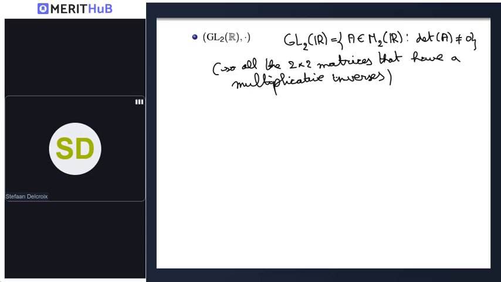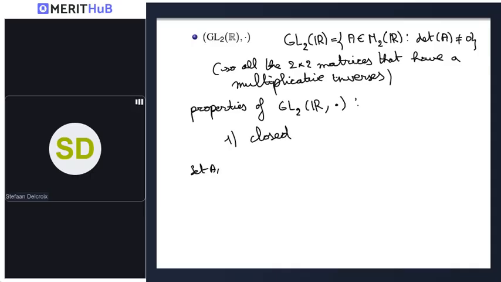And so I want to mention some properties of GL2R under multiplication. First of all, it is closed. Why is that? Well, let A and B be elements in GL2R.